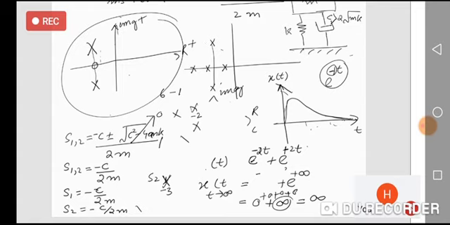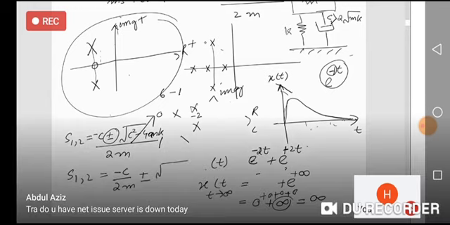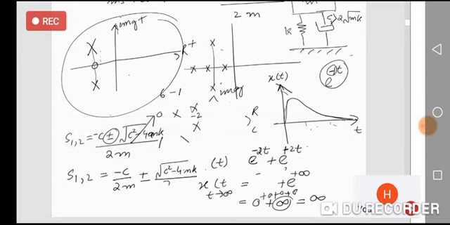What is the reason for that? Because if you look at this formula, your poles or your roots for the quadratic equation will always have minus C over 2m plus minus under root C square minus 4mk over 2m.